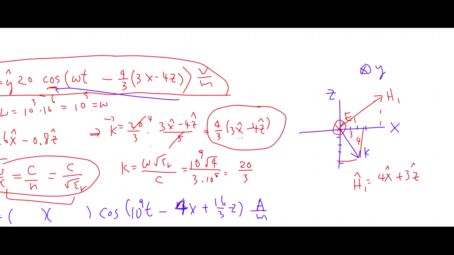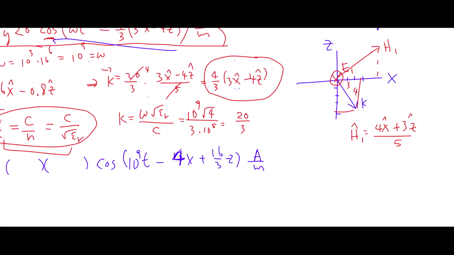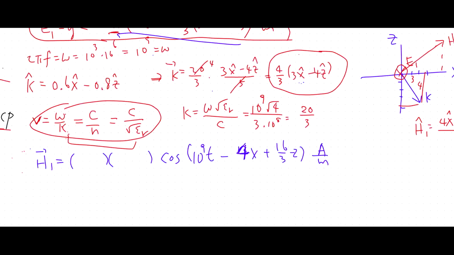And then if I normalize it, that would be 3, 4, 5 again. Right? So this is what I'm going to write in my direction: 4x hat plus 3z hat. Right? Direction, the amplitude, the wave, the unit.